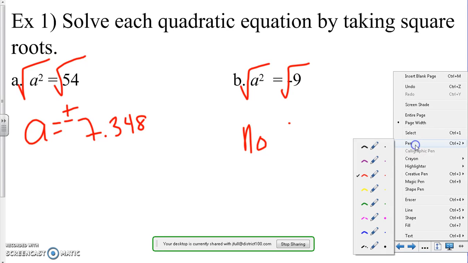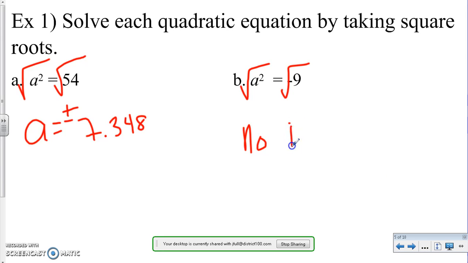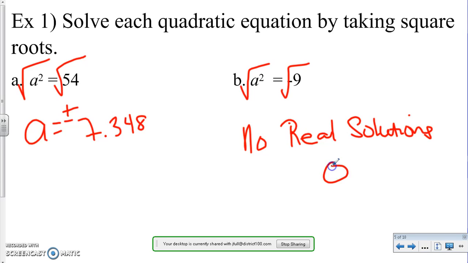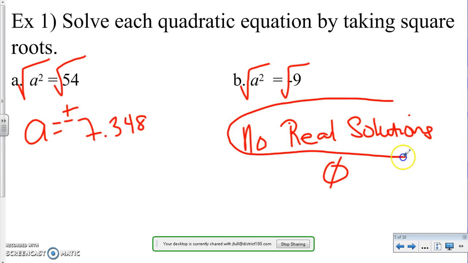So if you think back to when we were graphing, this is actually the case where the graph didn't cross the x-axis. Okay, so no real solutions, or you have the empty set that we talked about. In Algebra 2, you will actually learn how to solve this using something called imaginary numbers. But for now, your answer is no real solutions.